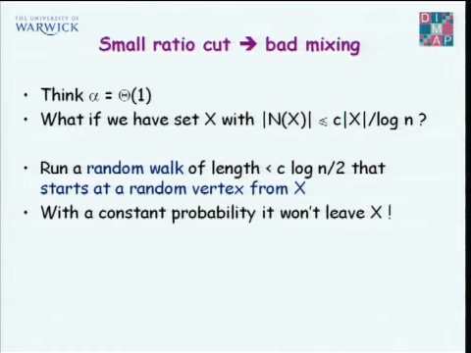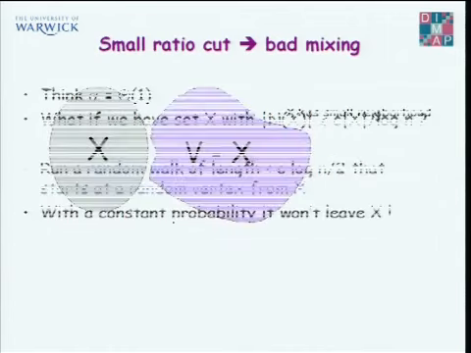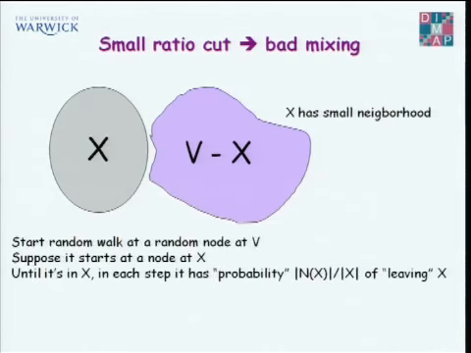But because of this constraint, you expect that with constant probability you will not leave set X. Because this neighborhood is very small, and because you are starting the random walk at a random vertex, if you perform a number of steps smaller than the ratio of the size of the set over its neighborhood, you will not leave the set X with constant probability.